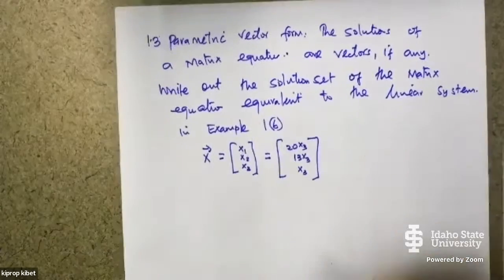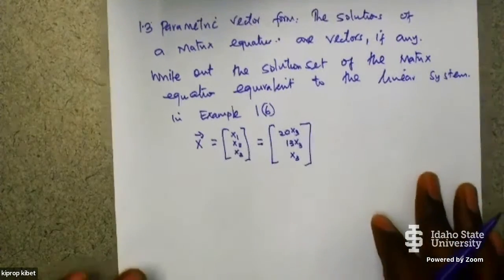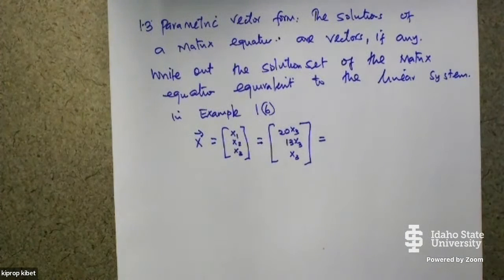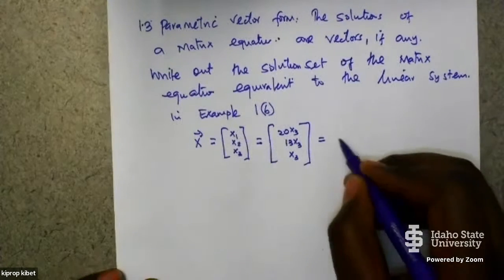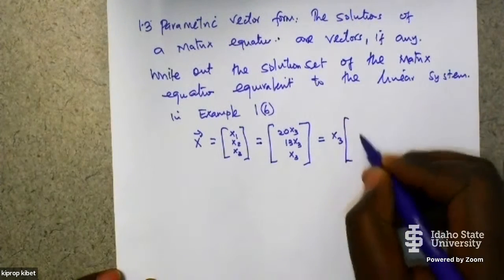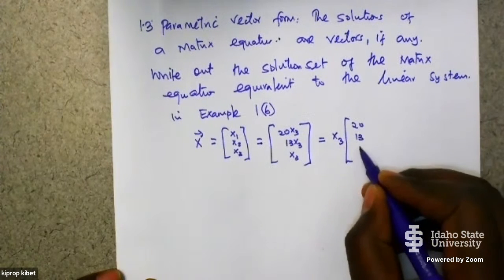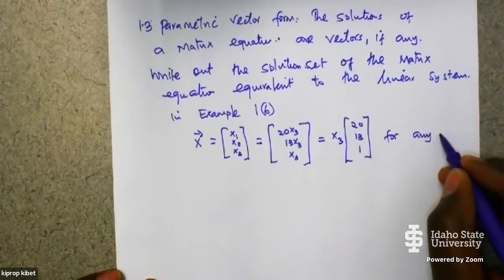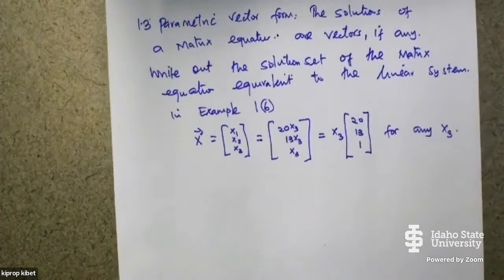Then in parametric form, this equals, we factor out the value of x3, which gives x3 times 20, 13, and then 1, for any x3. So that is now in parametric vector form.